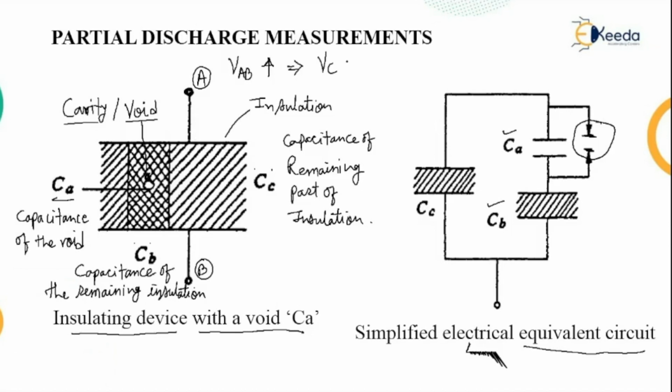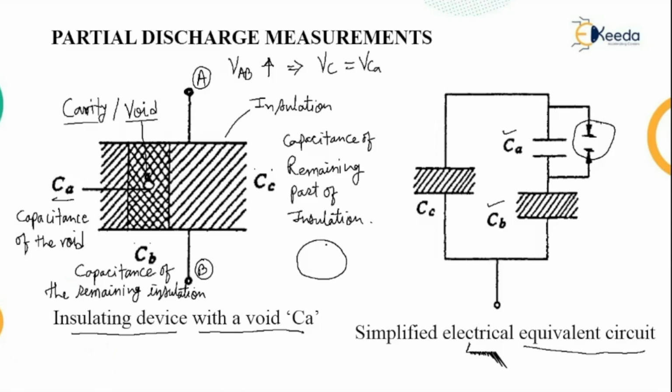So this voltage, called critical voltage, across Ca occurs, and a discharge occurs through the capacitor. That is, it becomes short circuited. So for that short circuit, I just consider a void.